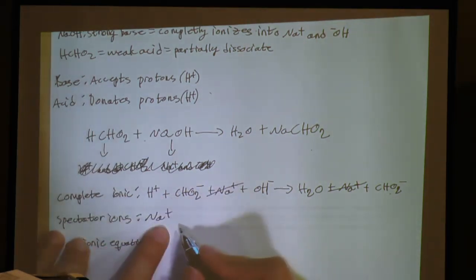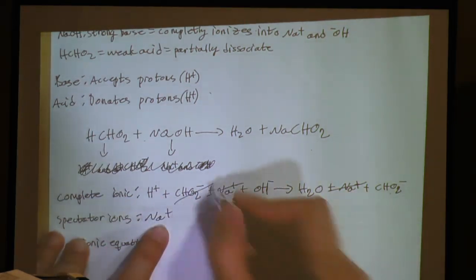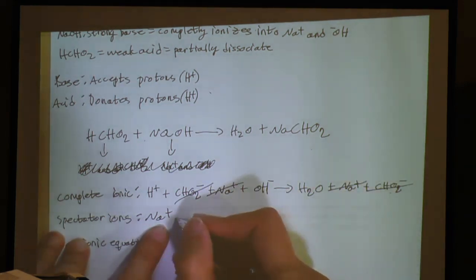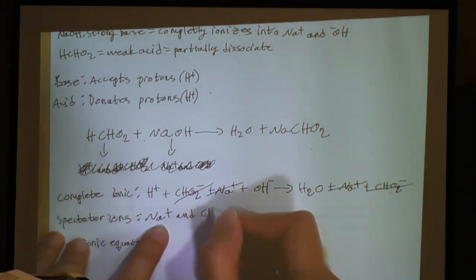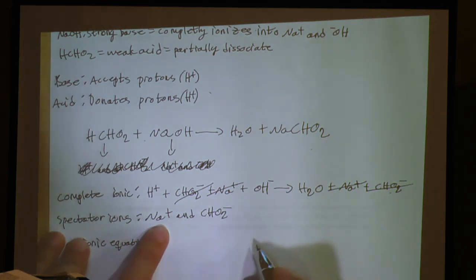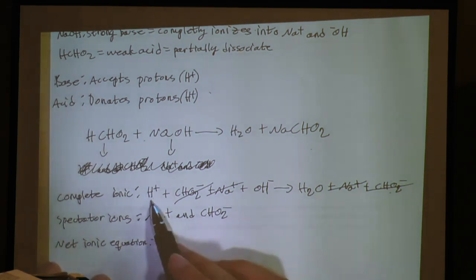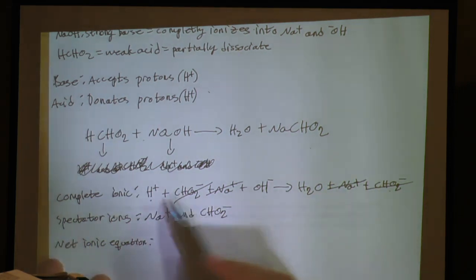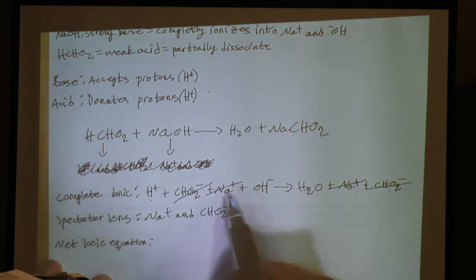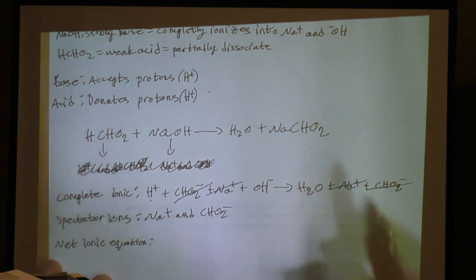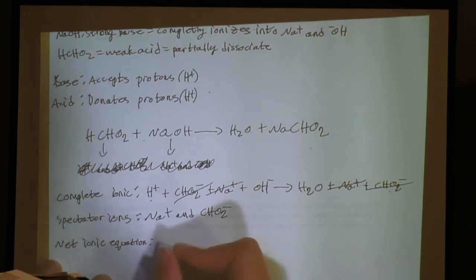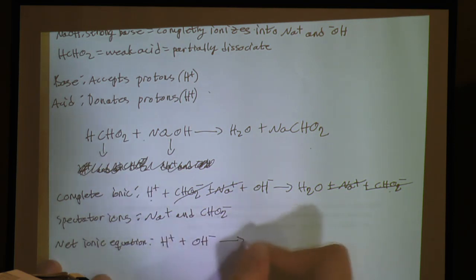Sodium is one of our spectator ions, and then we have the CHO2, so no more NaCHO2. Na and CHO2 are gone. H plus is only on the left side, OH is only on the left side, and water is only on the right side. So our net ionic equation is H plus plus OH minus makes H2O.